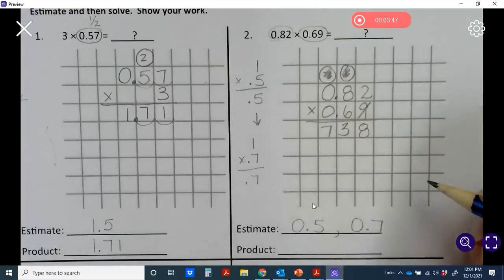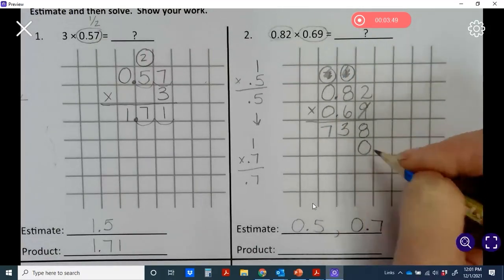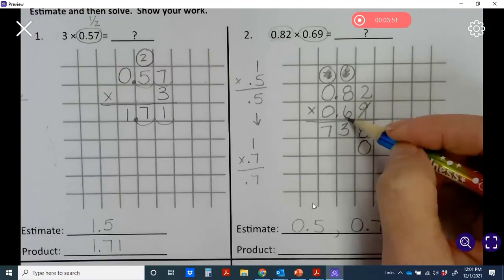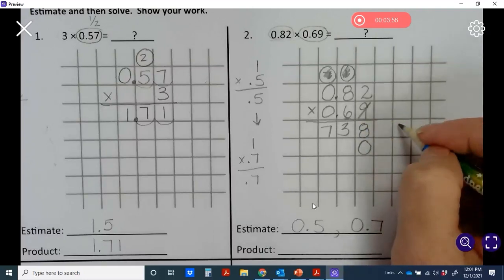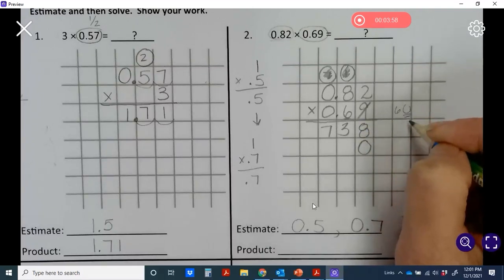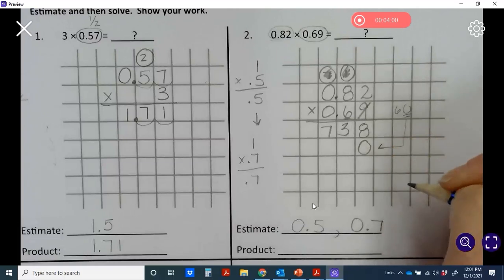I'm done multiplying by the 9. I add a 0 as a placeholder because I'm now multiplying by the 6, which is in the tenths place. So it's actually 60 hundredths, so I have to put a 0 there as a placeholder.